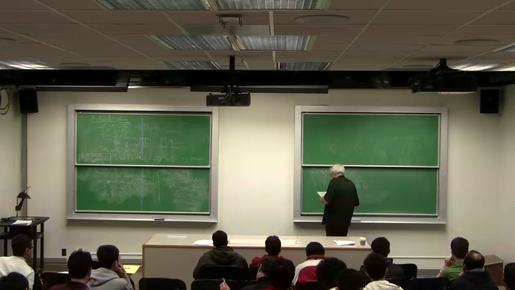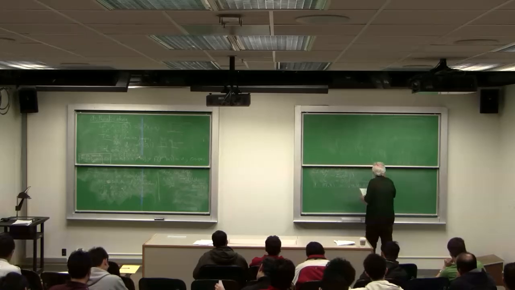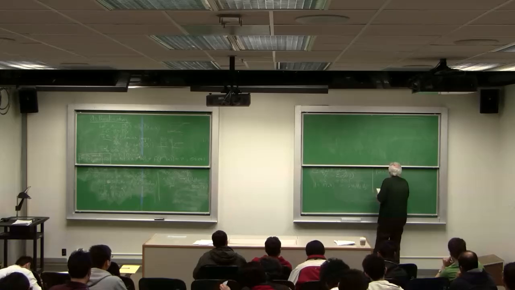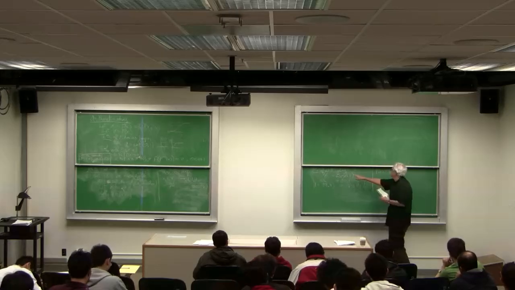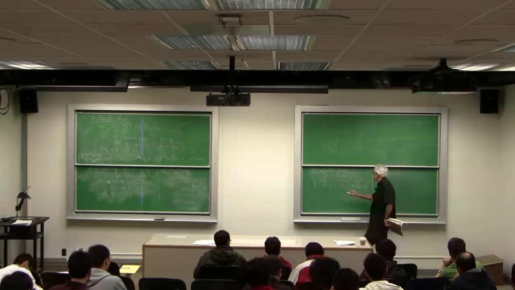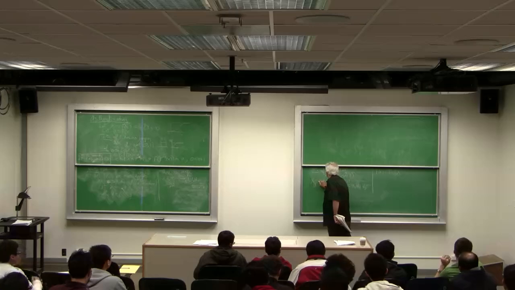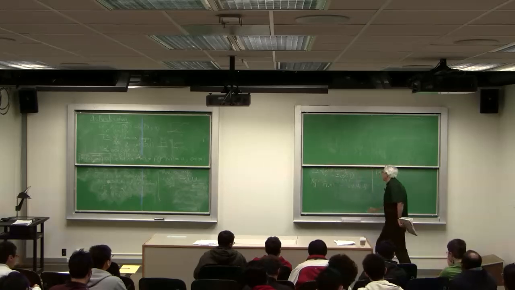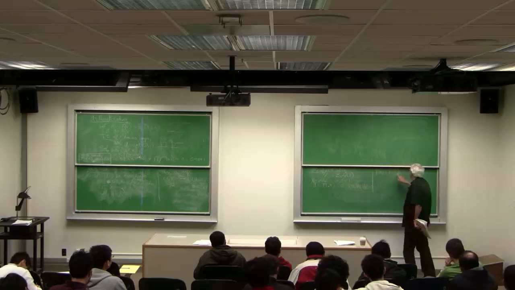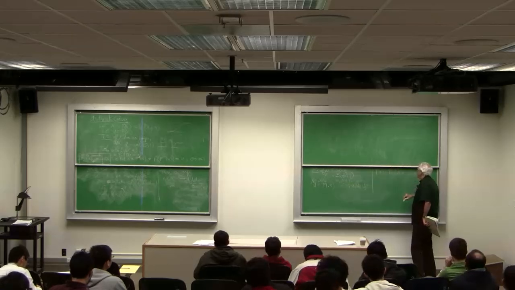Well, F of X is the probability that this infinite sequence X is equal to this, point that, point that. How do I, what's the probability of this?